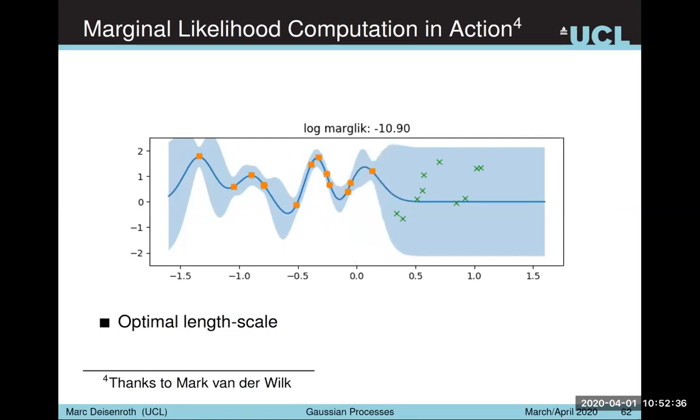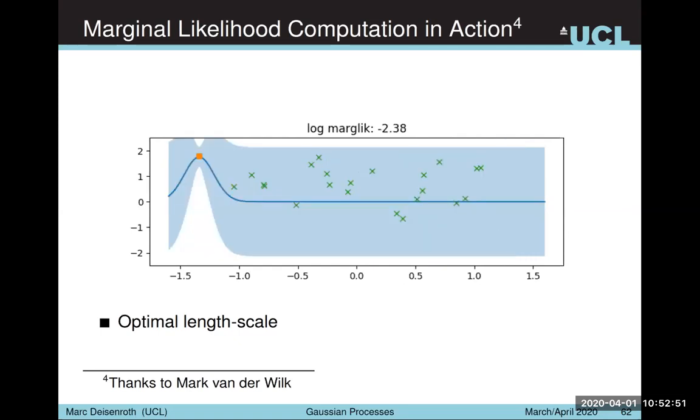There's still some noise here, but this fit looks much more sensible than any of the other fits that we had earlier. So that's how the marginal likelihood can be interpreted as a sequential prediction model on the training data set.